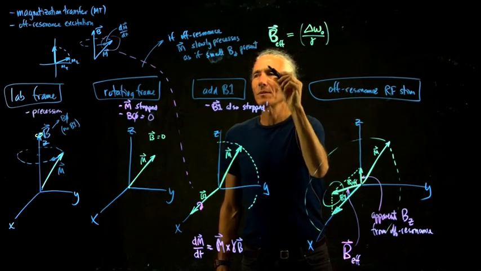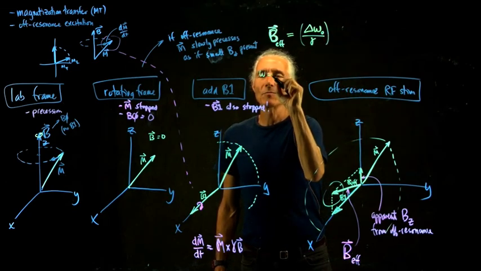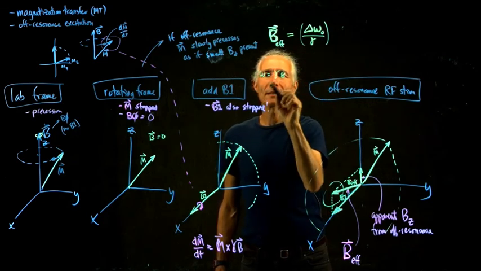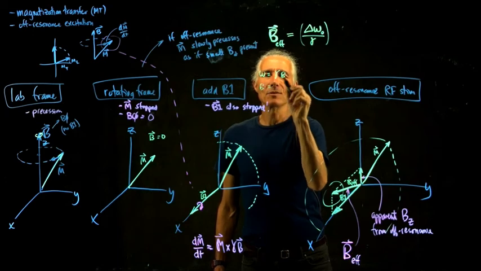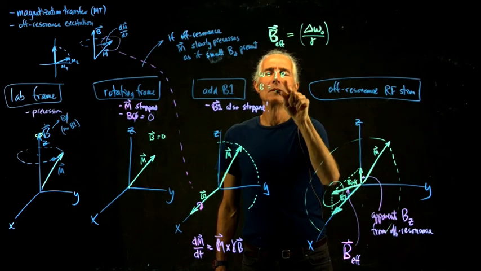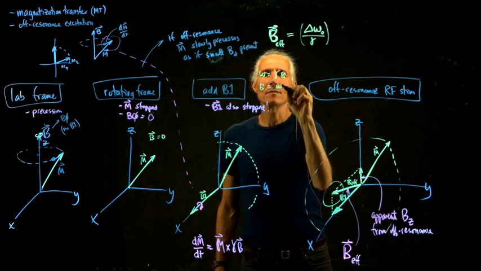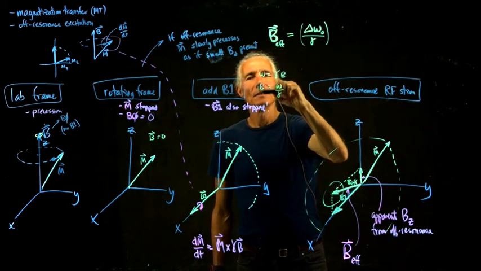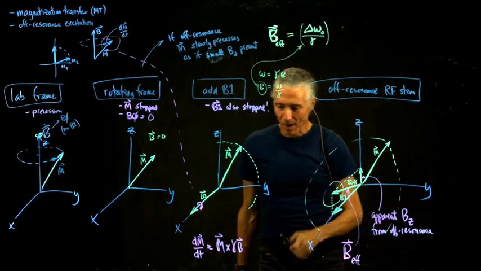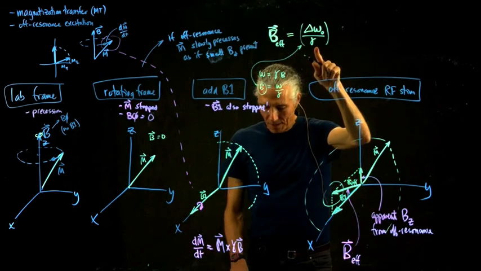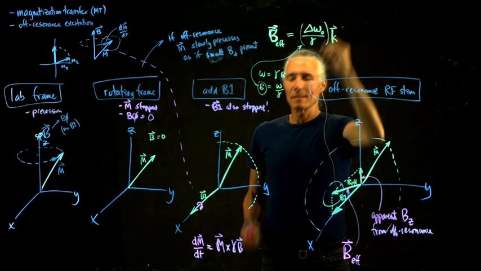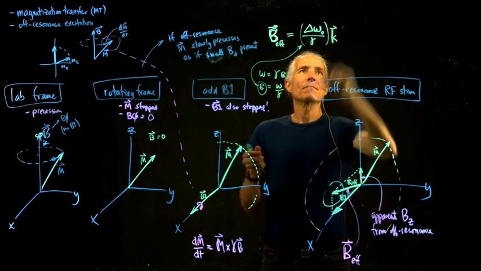Because you remember the original thing was, frequency equals this times B. And so B equals frequency divided by that, right? So this guy is B. That's why you're dividing by the gyromagnetic ratio. And this guy is in the Z direction. Okay.